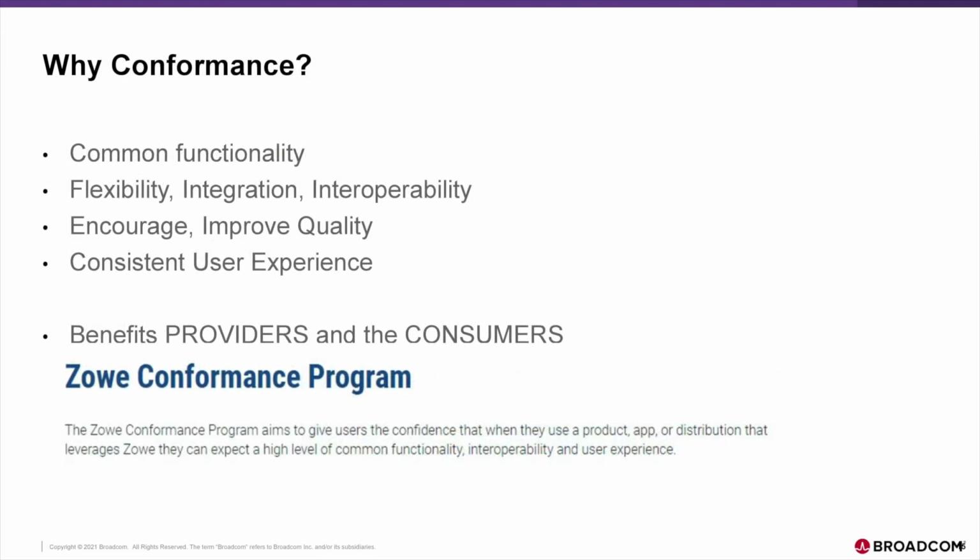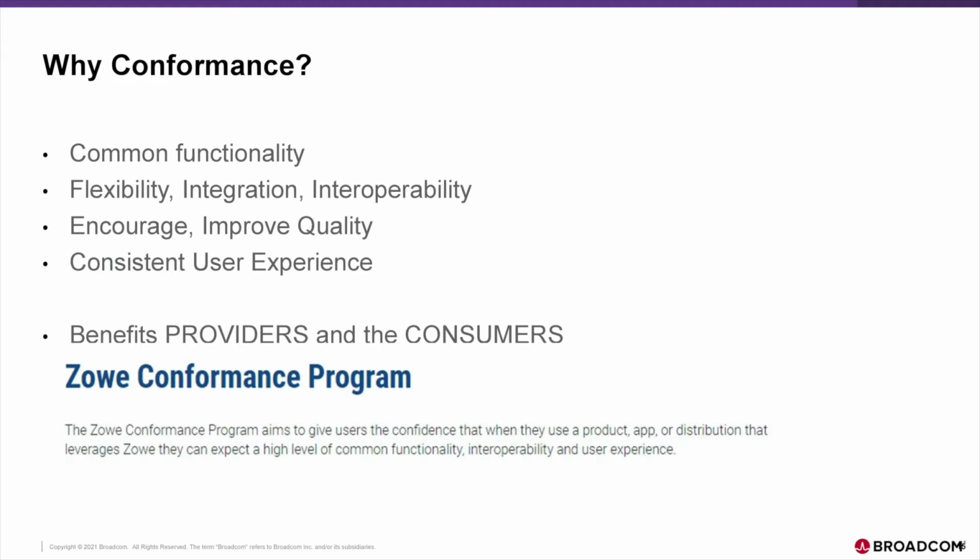So why conformance? Let me read this statement. The Zowe Conformance Program aims to give users the confidence that when they use a product, an application, or distribution that leverages Zowe, they can expect a high level of common functionality, interoperability, and user experience. That statement alone answers why we need conformance.